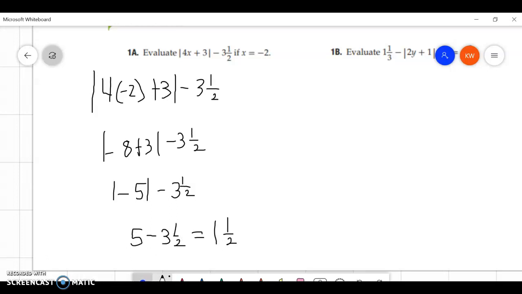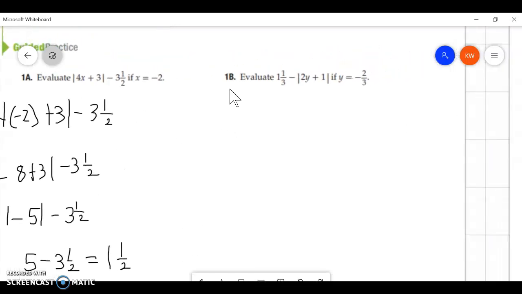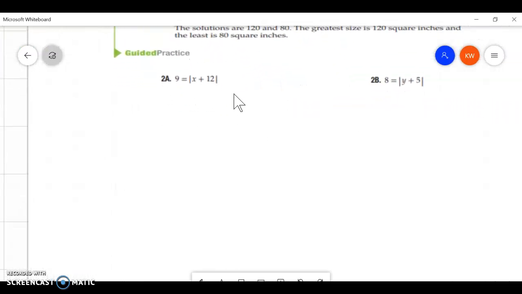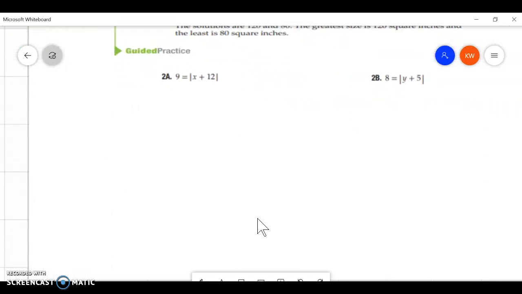Now, the next step is we have to actually look at an equation that involves an absolute value bracket. So let's take a look at that over here on example 2A. I'm going to leave all the B examples for you guys, okay? So, here's 2A. Now, for this, we need to know a couple things. First off, we need whatever's in the bar here, these absolute value bars, to be by itself on one side of the equation.